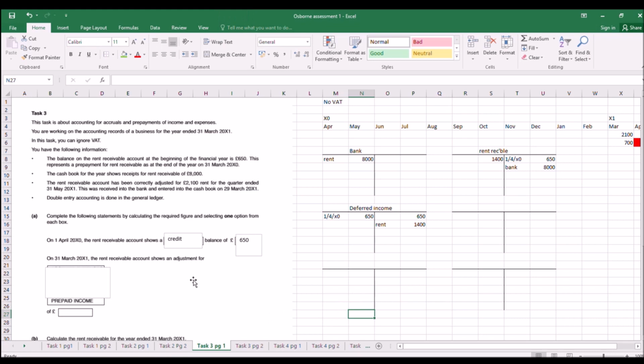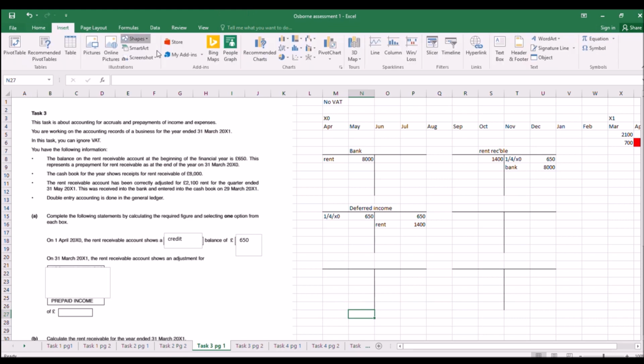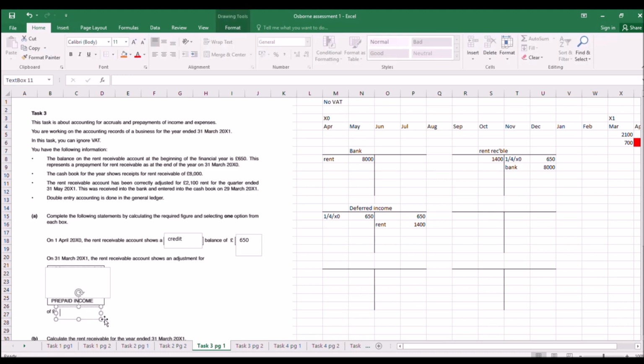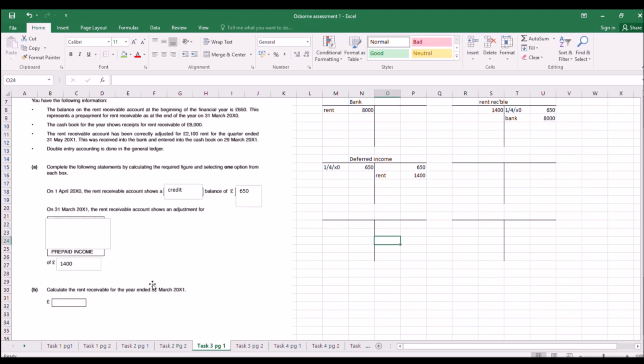Prepaid income of 1,400. I'm not liking the term, as typically it would be called deferred income, but that's where we are. You might have an option of deferred income at some point, 1,400.